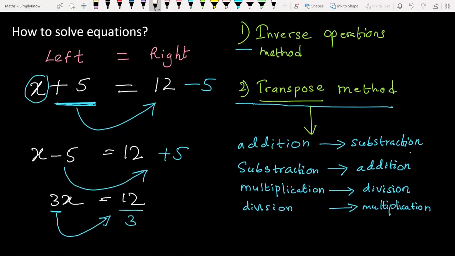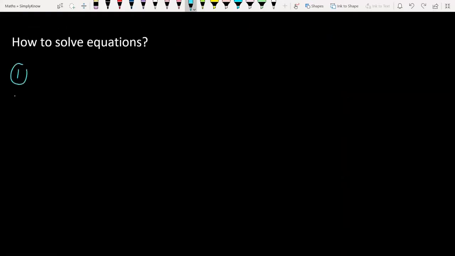And if you have x over 3 equals 12, now here, it's a division. When we transfer 3 to the other side, it will become 12 times 3. 12 multiplied by 3.